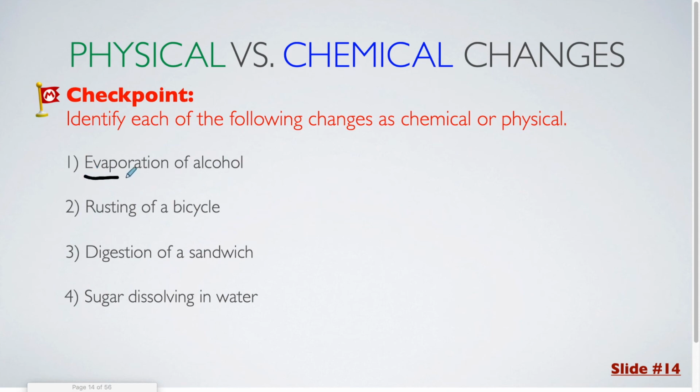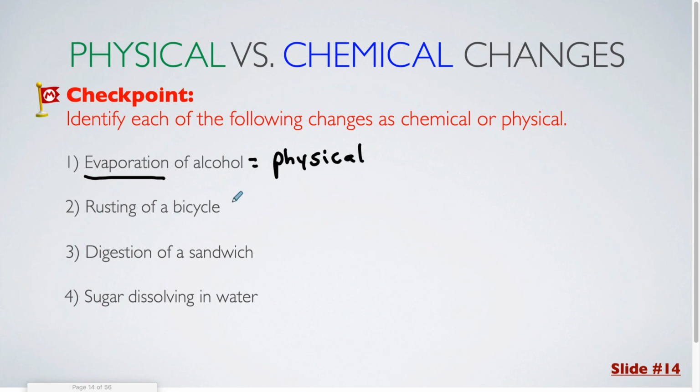The key here is evaporation. Evaporation tells you that you are going from a liquid to a gaseous state, but the actual matter itself is not changing on the molecular level. If we're talking about water, it's H2O throughout that entire process, and the same would be true for the alcohol here. So this is going to be a physical change.